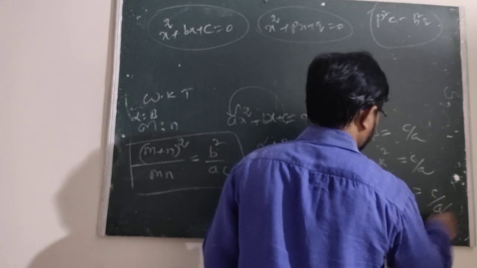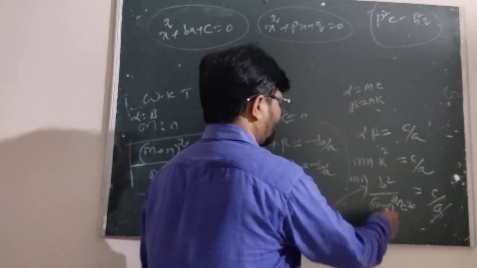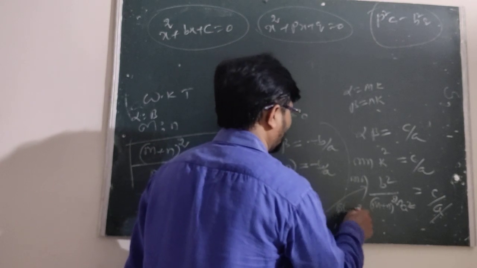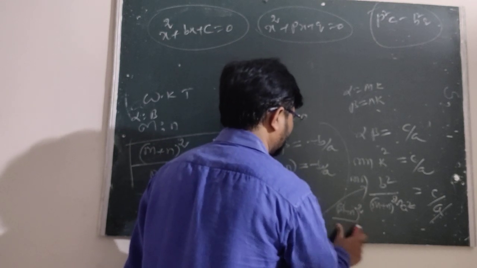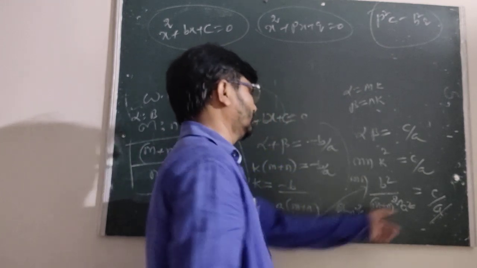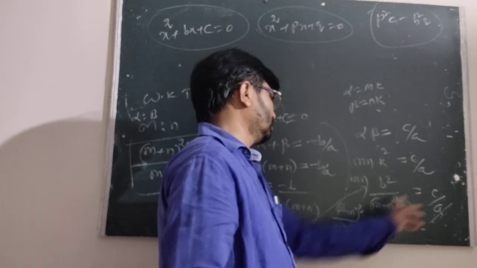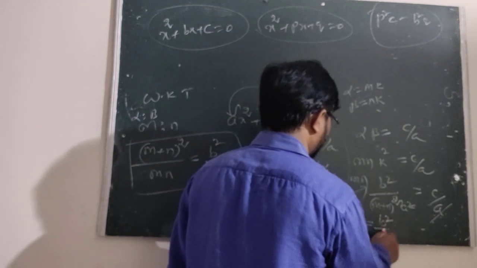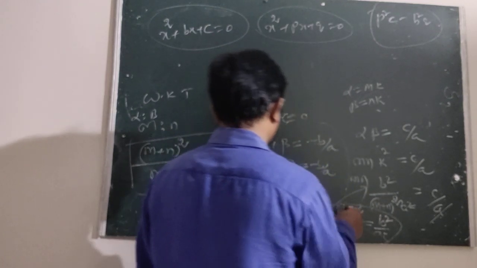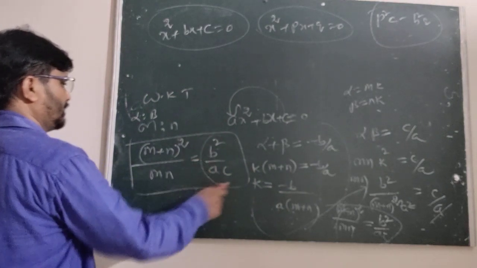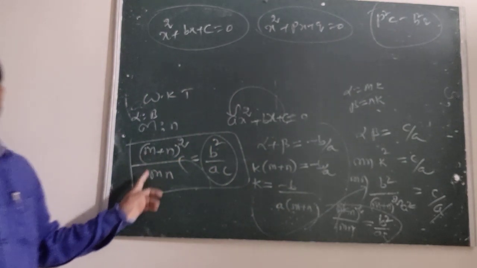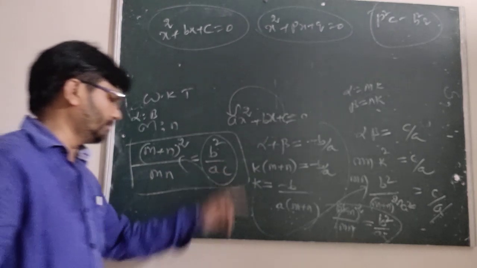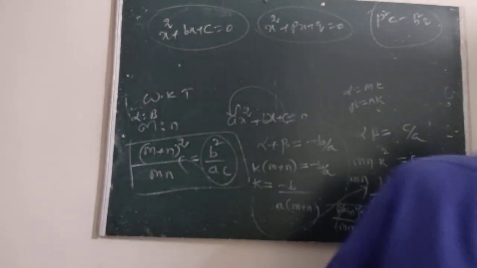Now c by a, one a is cancelled, and sending this to the other side, (m plus n) whole square by mn is b square by ac.